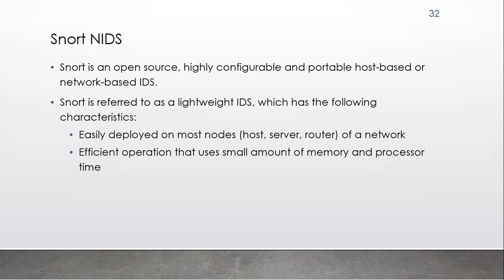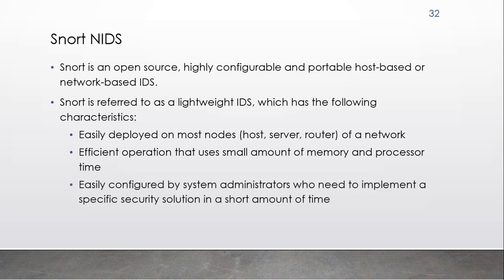It exhibits efficient operation that uses a small amount of memory and processor time. And it's easily configured by system administrators who need to implement a specific security solution in a short amount of time. Snort can perform real-time packet capture, protocol analysis, and content searching and matching. It can detect a variety of attacks and probes based on a set of rules configured by a system administrator.